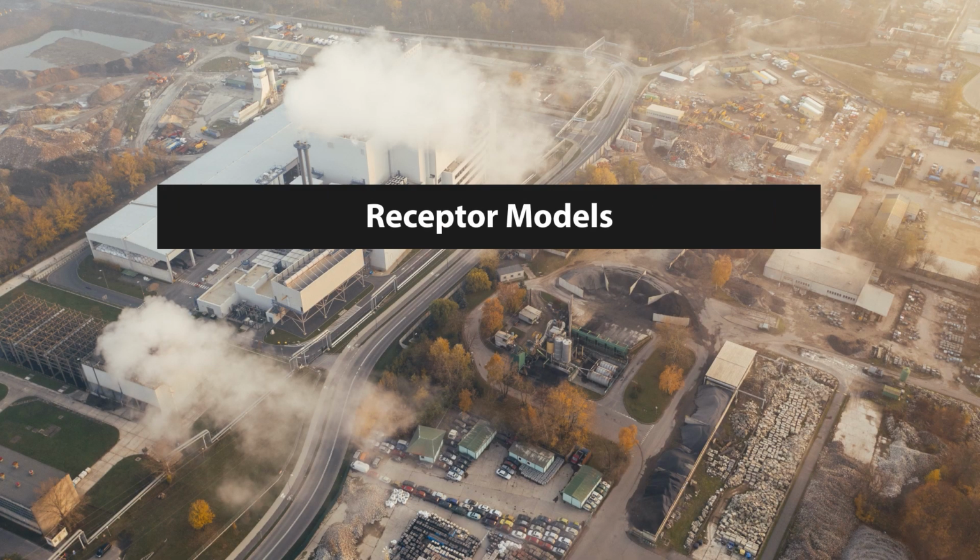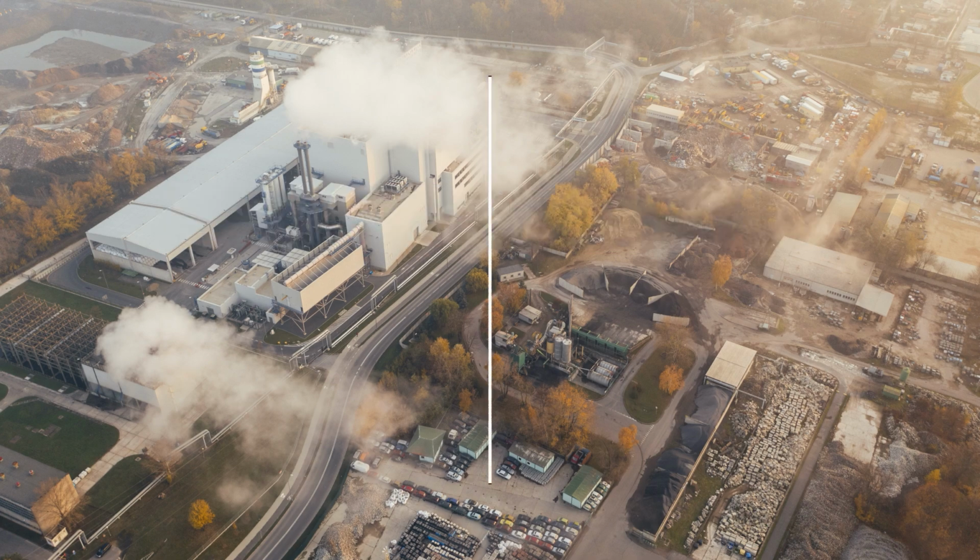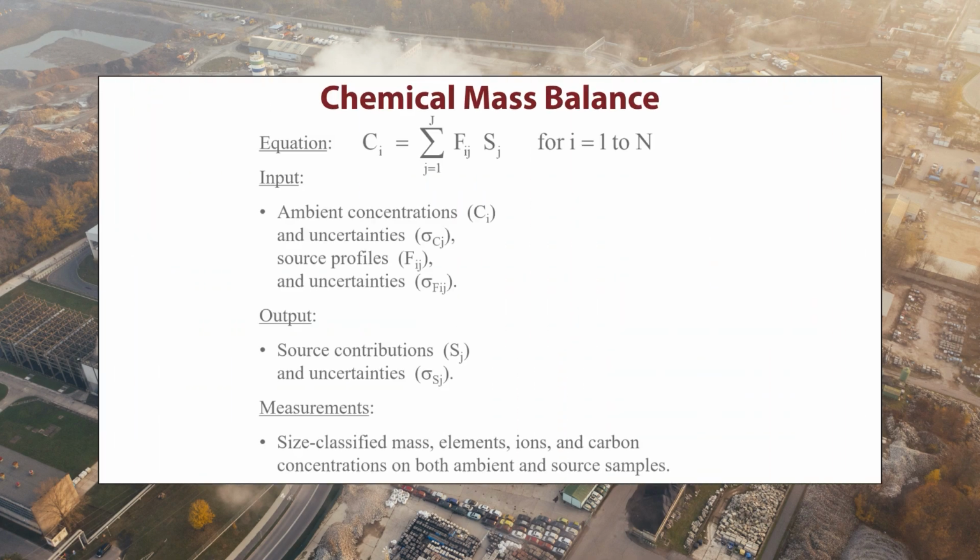Now coming to the receptor models, as I told you earlier, a receptor model takes the ambient concentrations at a given receptor location, and it tries to identify the source contributions or the source profiles.